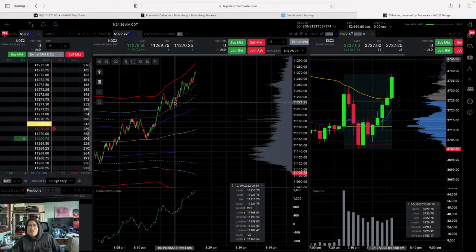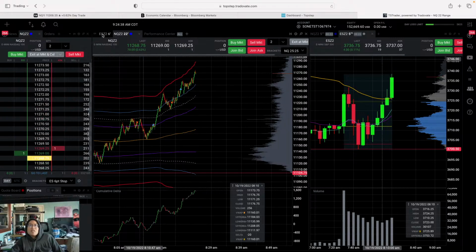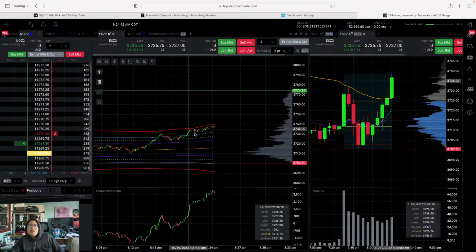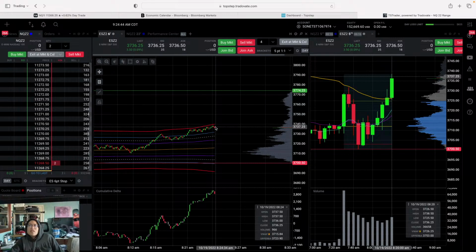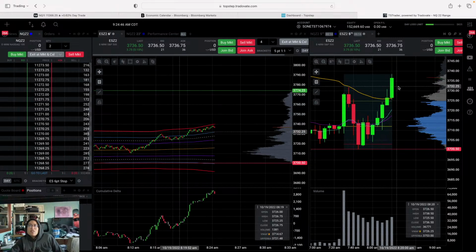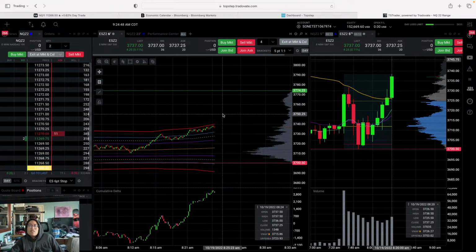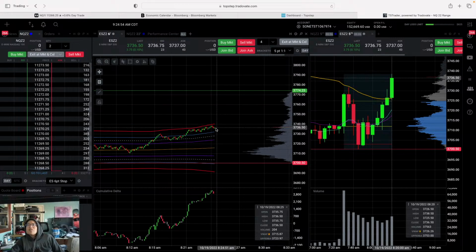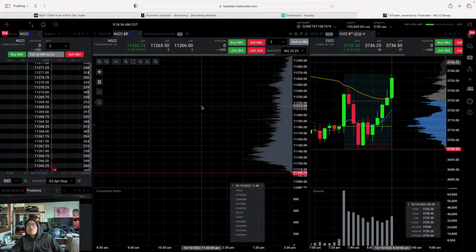Dun, dun, dun, dun. This is so many candles in a row. And then such a big green candle coming up. Oh yeah, come on, stay up there. It looks really cool though.